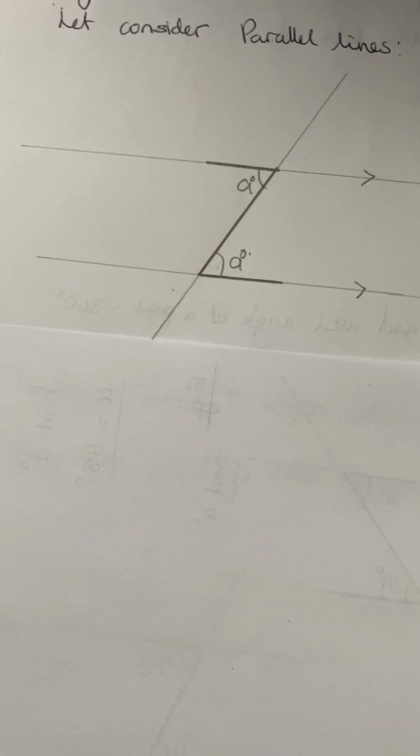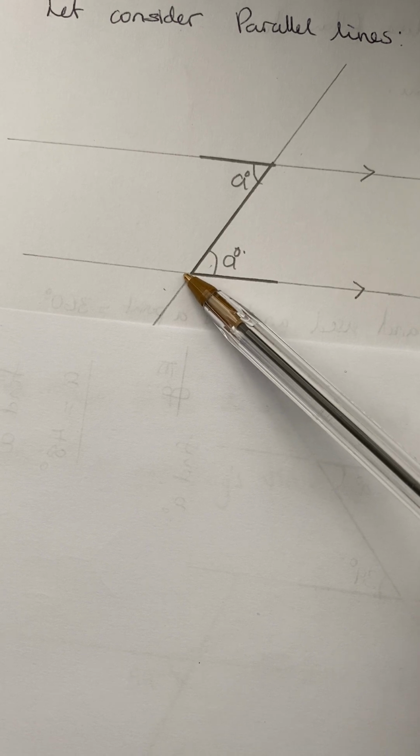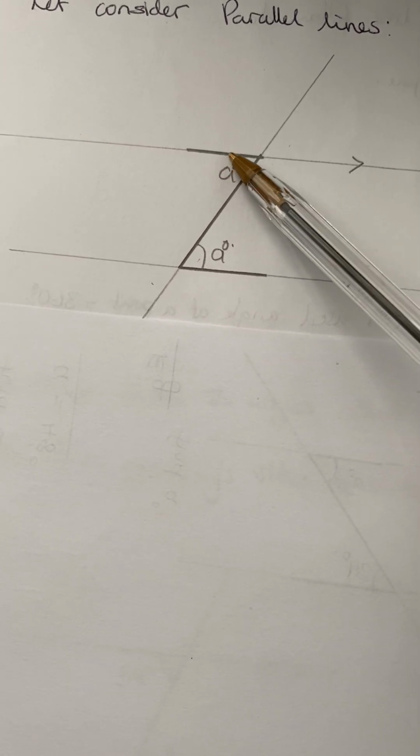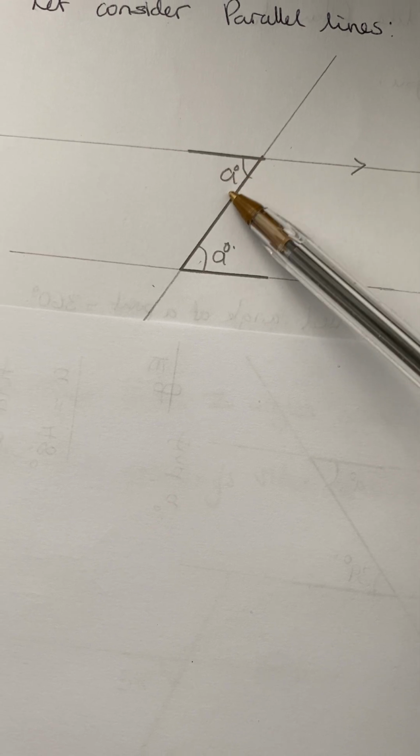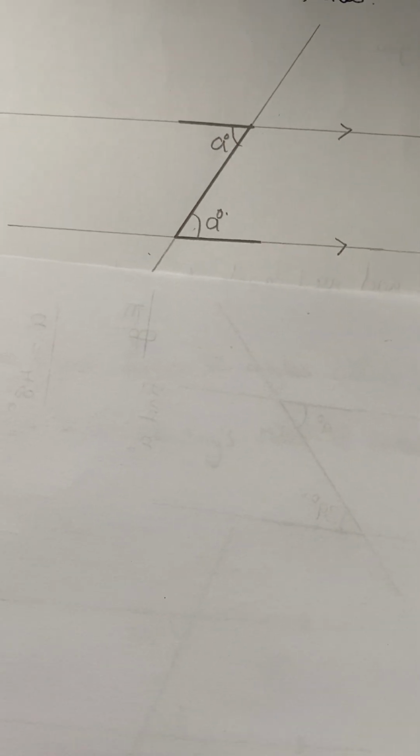So all we've done here, this is what we did yesterday. We've added another parallel line. And then we've managed to find this Z sign. And we are saying that this A here and A here are alternate angles or Z angles because they look like a Z. And A are equal.